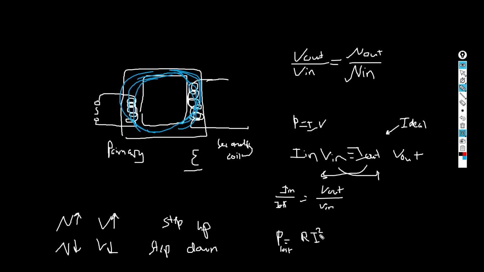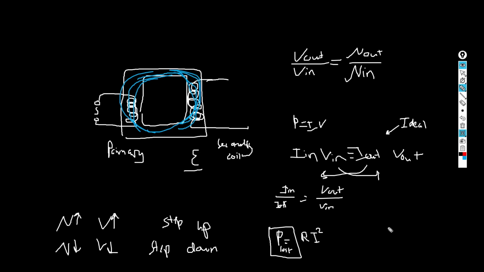So if we decrease the current as much as we can, we decrease the lost power as much as we can. Now, how do we decrease the current? Obviously by increasing the voltage, since they're inversely proportional. So we increase the voltage as much as we can when we're sending power across long distances, so we don't lose energy.